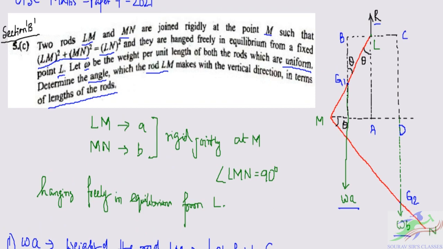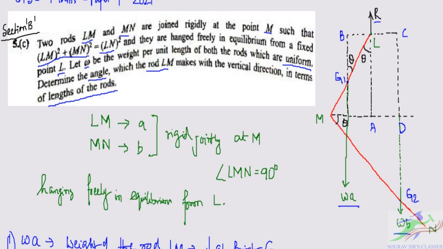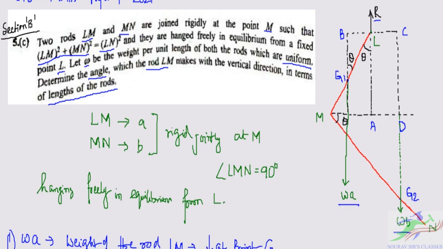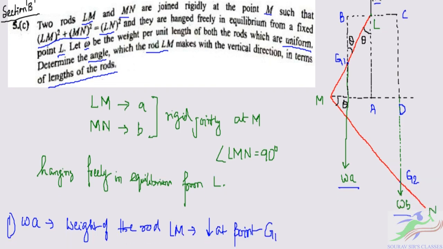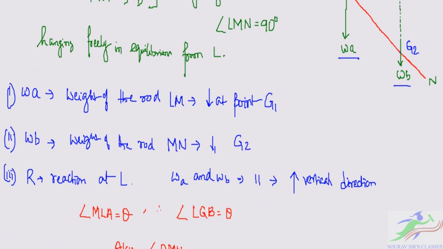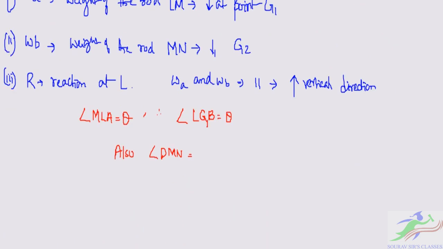The angle DMN is the angle LMN minus the angle LMD. LMN is 90 degrees and LMD is 90 minus theta, so DMN is simply theta.